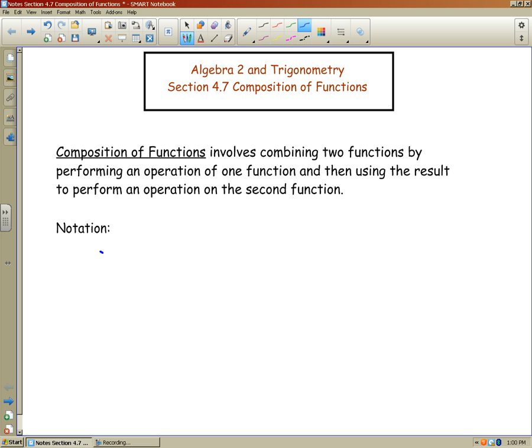We can see the same thing two different ways. F parenthesis G parenthesis X close parenthesis close parenthesis.